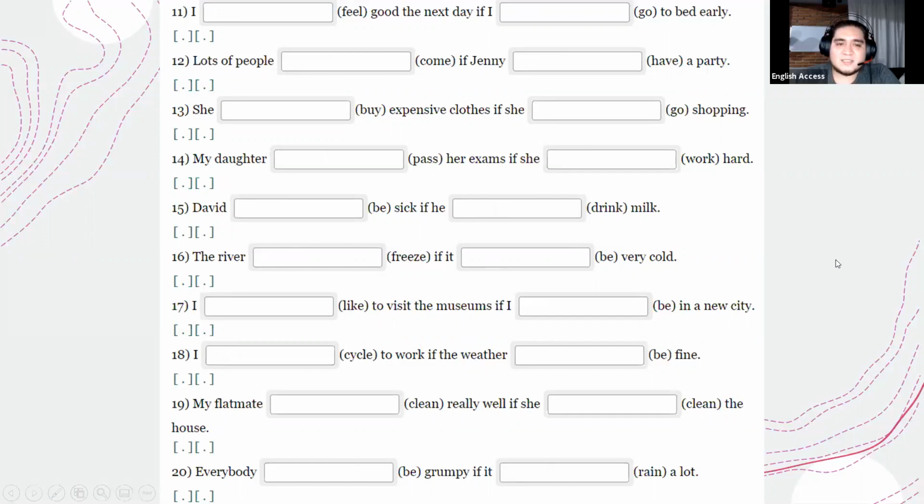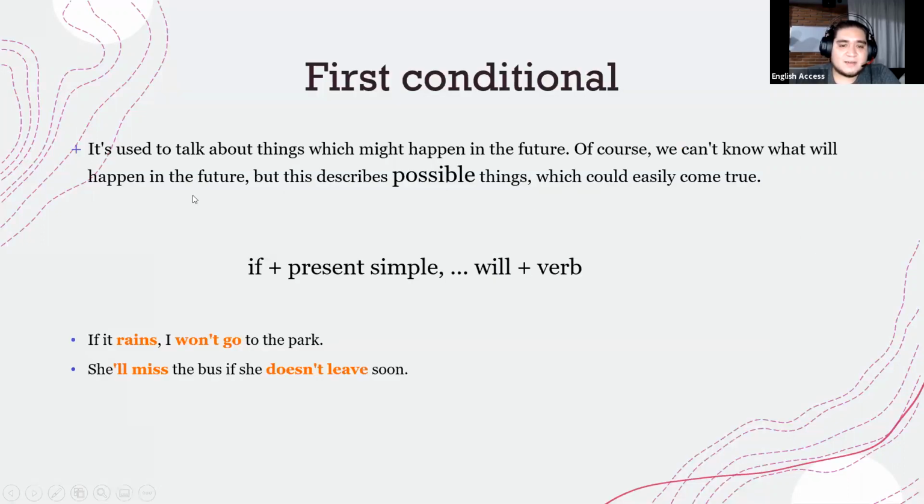Let's continue. Now, we have here the first conditional. The first conditional is used to talk about things which might happen in the future. This is the one I told you about, Ela, right? It is something like a hypothetical situation. Again, remember everything with conditionals is hypothetical except the zero conditional.